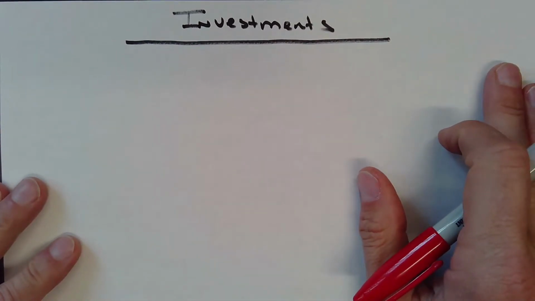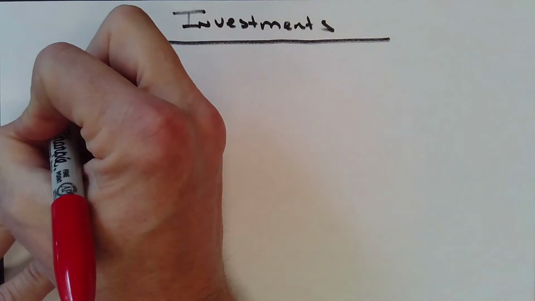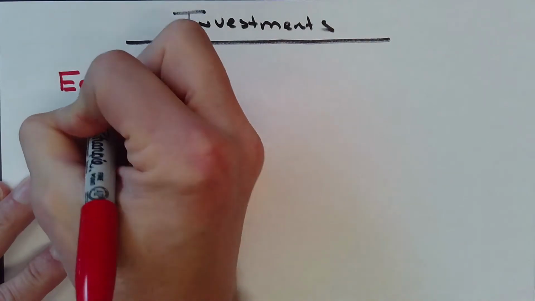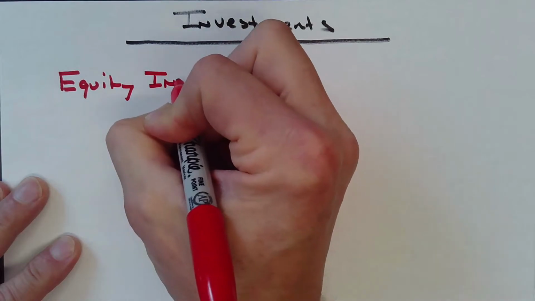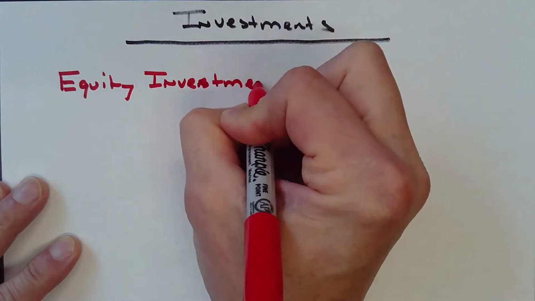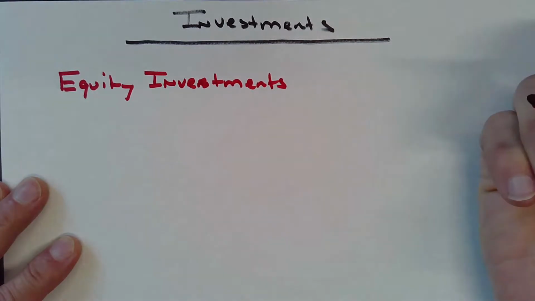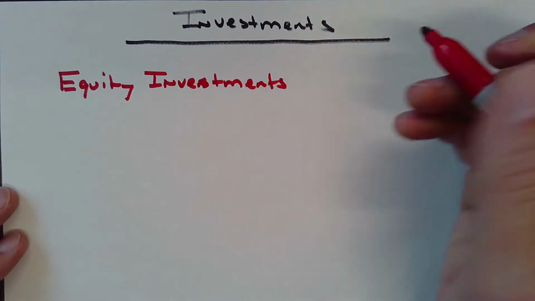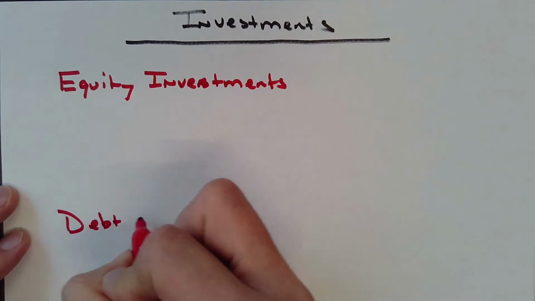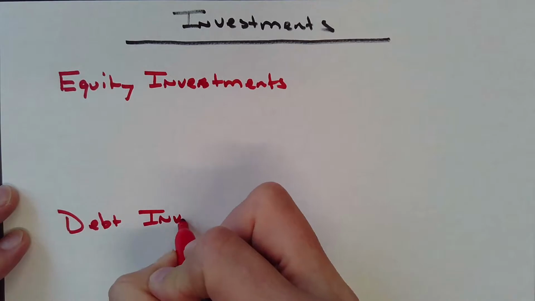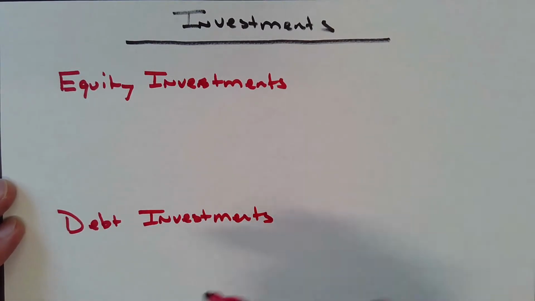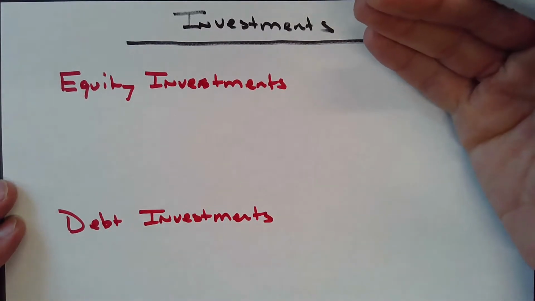So there are equity investments I can make where I am an owner in another company. And there are debt investments, where I am lending money to a company, right?